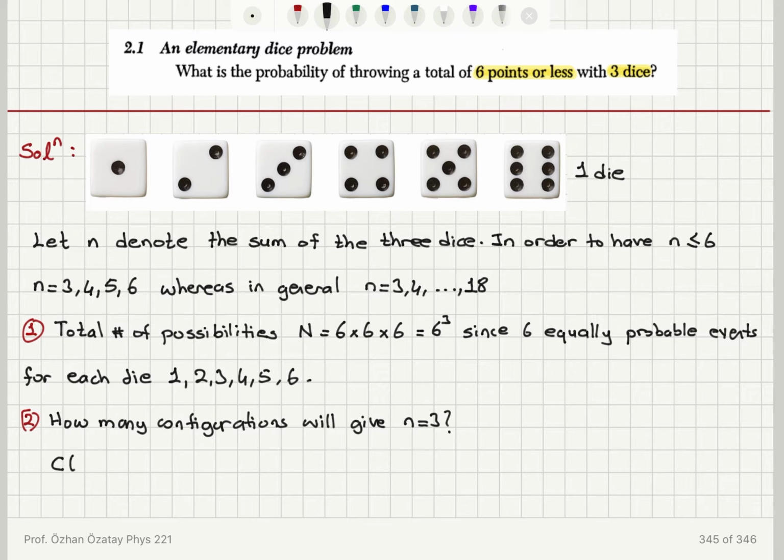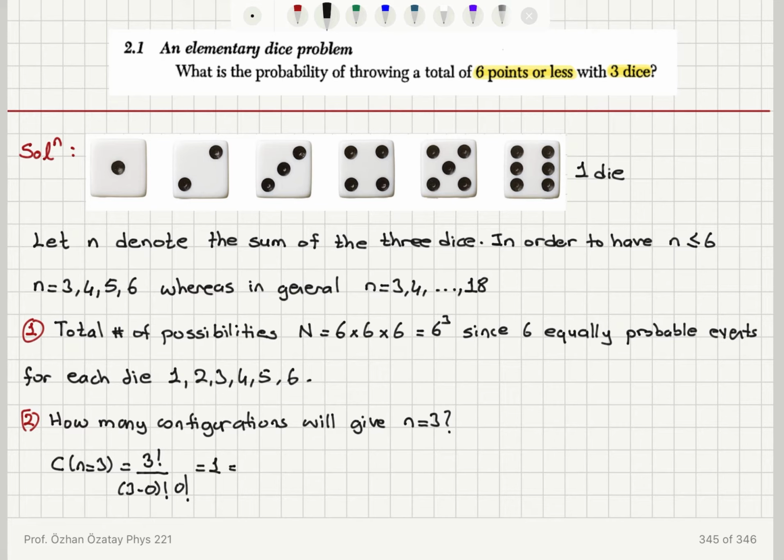So out of 3 dice, we're picking one of them. Actually, we're picking none of them, so it's 3 factorial divided by (3 minus 0) factorial times 0 factorial, which is 1.